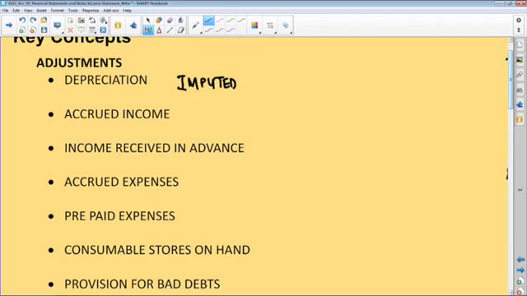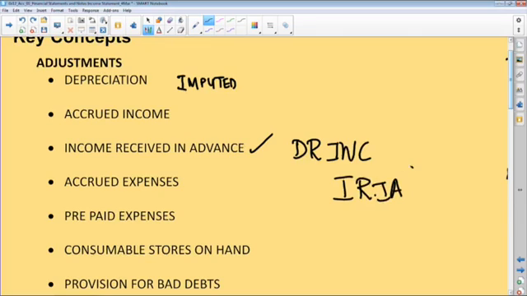Right, let's take another one for example. Let's take income received in advance, also known as deferred income. Immediately you identify that your contra entry will always be a debit to the relevant income, whichever income you're dealing with, and a credit to income received in advance. Now ask yourself this question: what type of account is income received in advance?